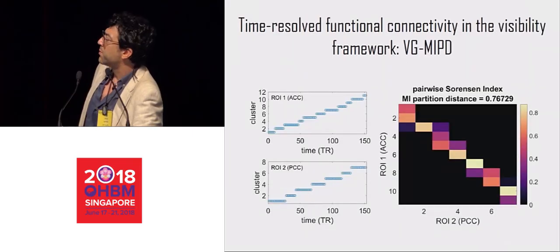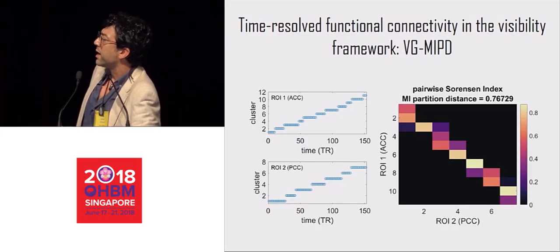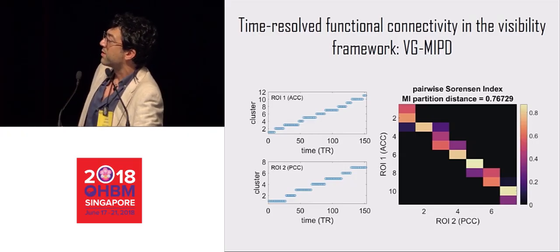This is what we obtain in two regions of the default mode network, the anterior cingulate cortex and the posterior cingulate cortex, which are split in different clusters. We have a global measure, the partition distance, and a cluster-by-cluster similarity measure, the Sorensen index.